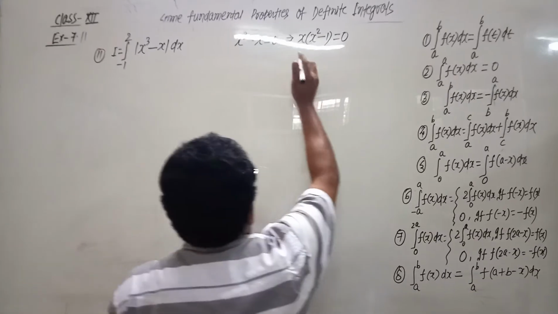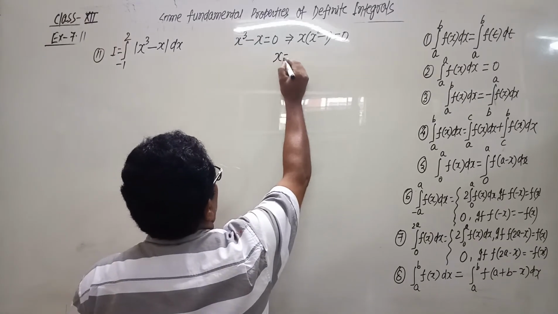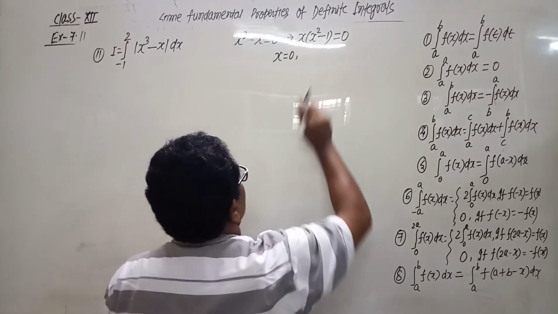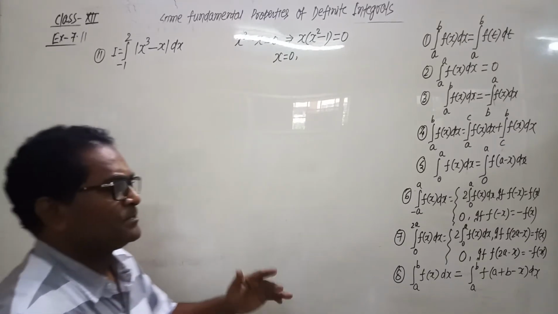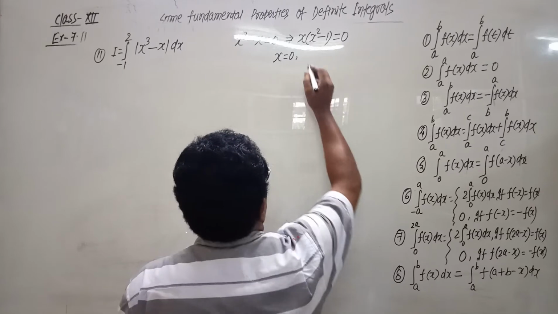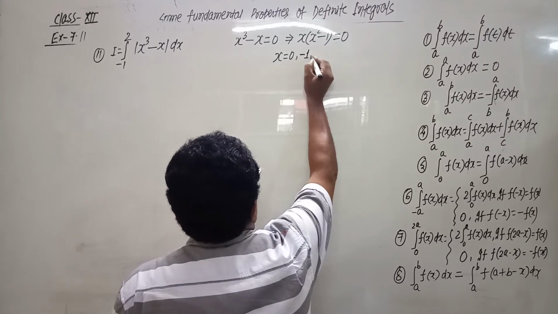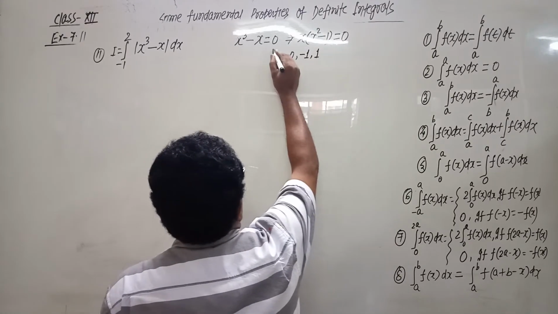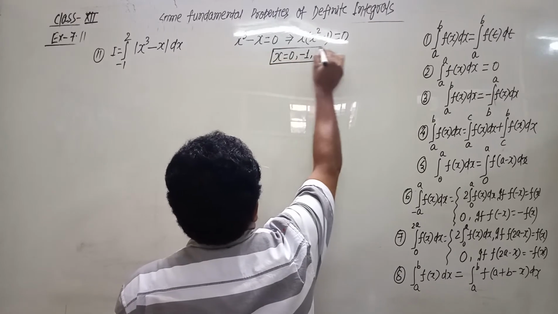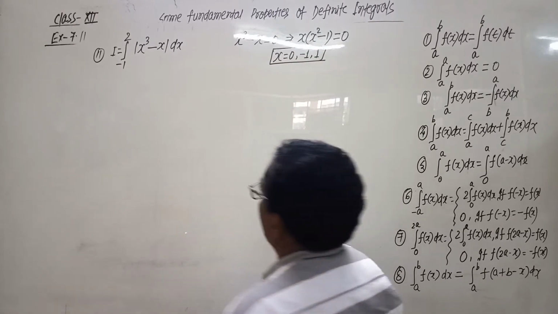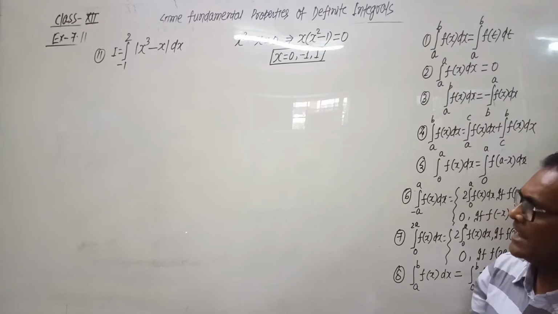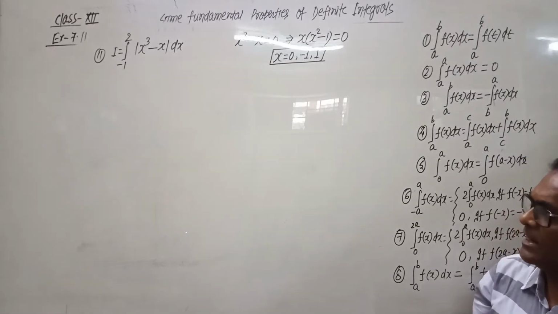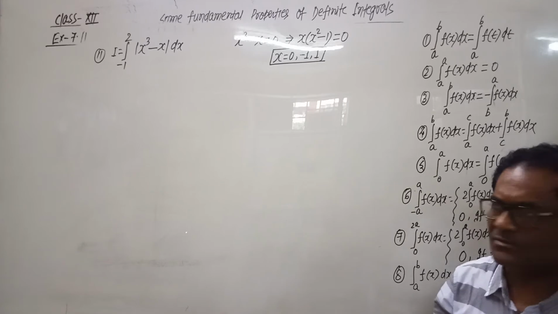So from here the value of x equals 0, and then x square minus 1 equals 0. It gives (x plus 1)(x minus 1) equals 0. So the value of x is also minus 1 and plus 1. So three values we get: 0, minus 1 and plus 1. And these three values lie between minus 1 and 2.